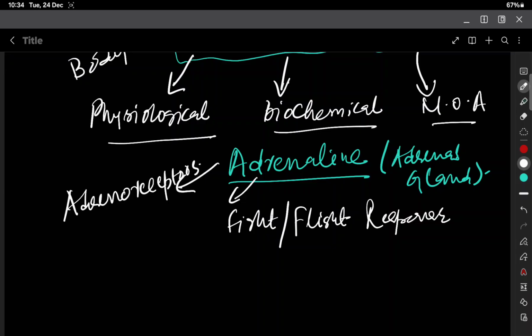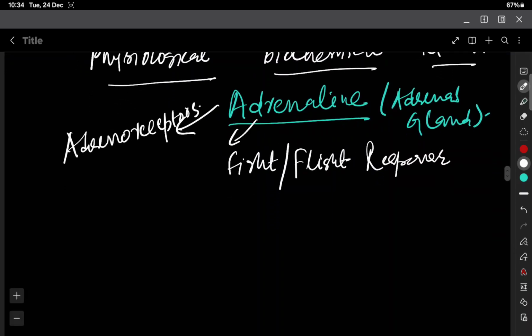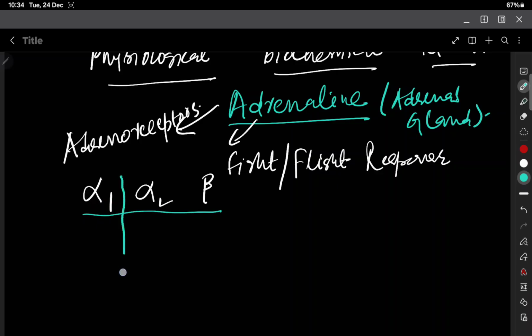Okay, so these receptors are mainly of three types: alpha 1, alpha 2, and beta. In alpha 1 it can be alpha 1a, alpha 1b, alpha 1c.